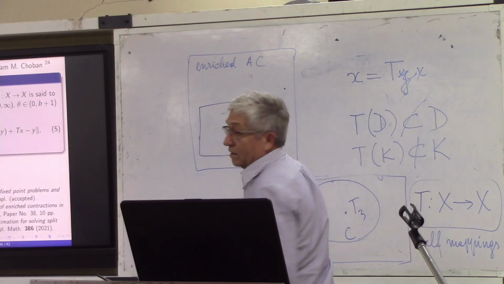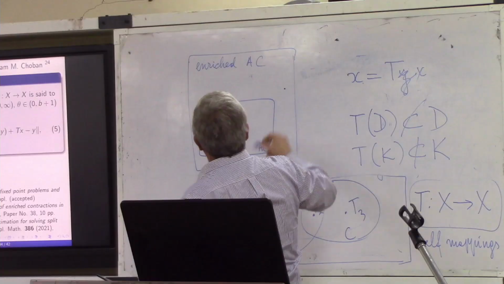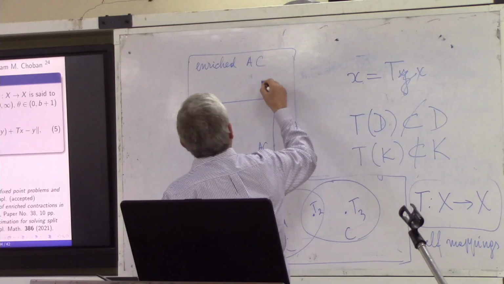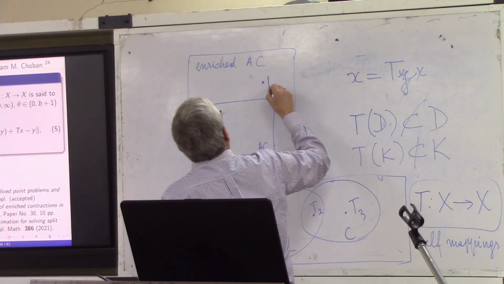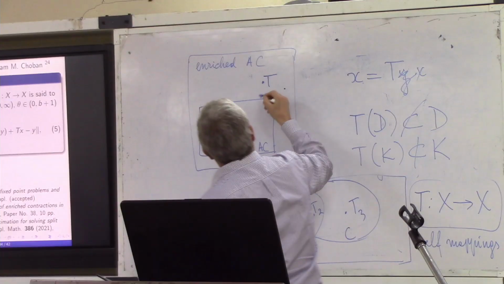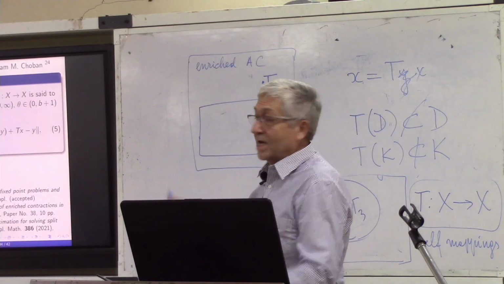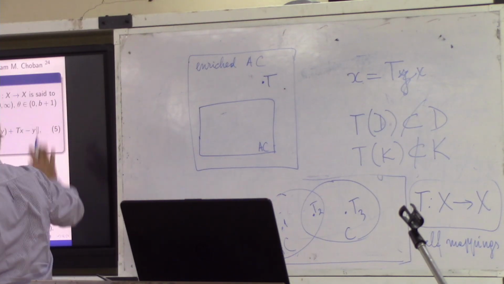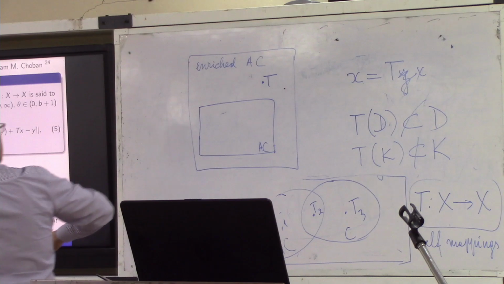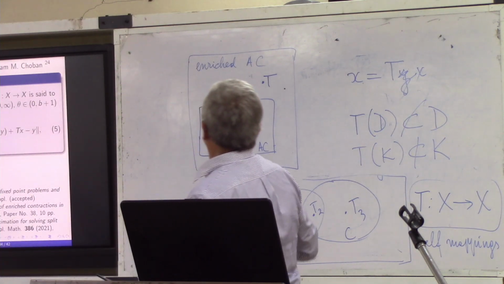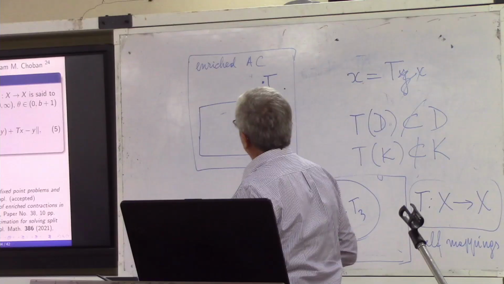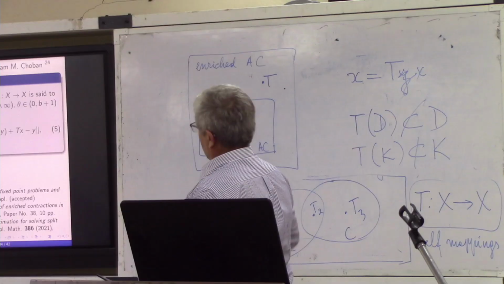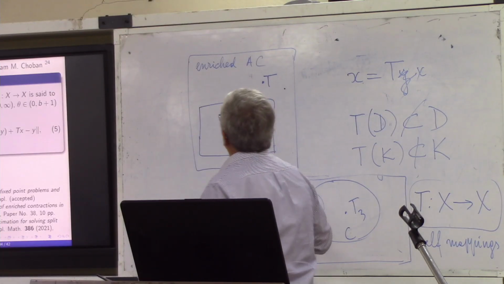We pretend that this class is larger, but we have to prove it. So we have to find here an object which is not here, and then we are done. This means the set of enriched almost contractions is larger than almost contractions, and then we have a benefit. We progressed in our work.